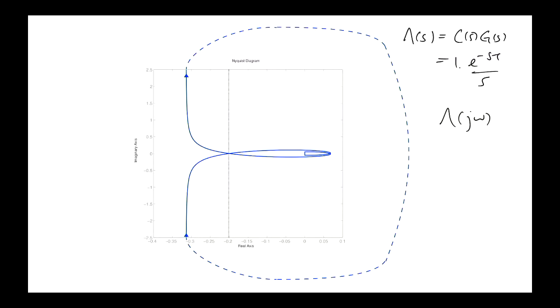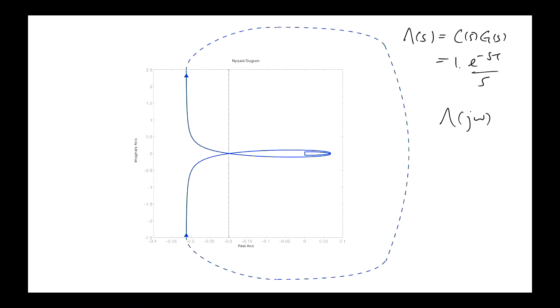For small frequencies, you would expect lambda to have infinite magnitude, because we've got the s on the bottom. So if we evaluate that at s equals j omega and set omega equal to 0, the magnitude of this will be infinite. What would you expect the phase to be?